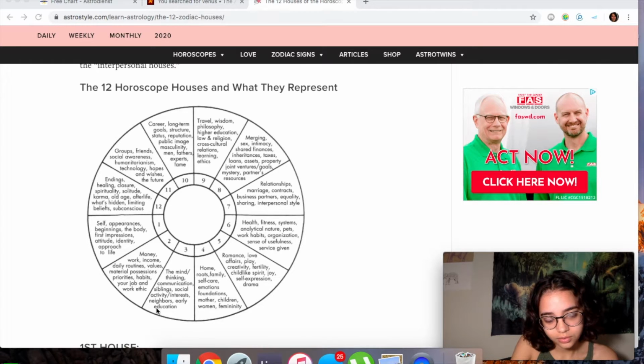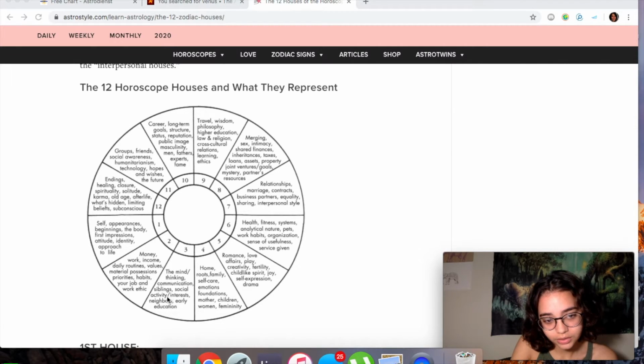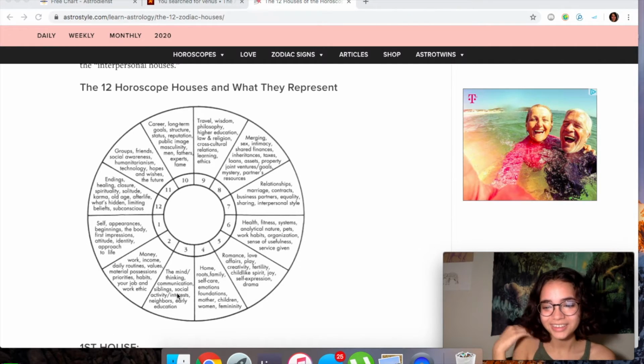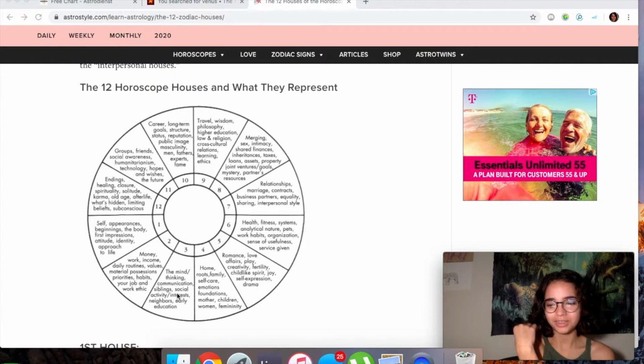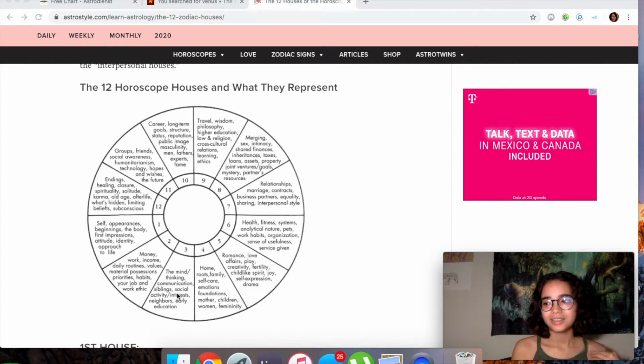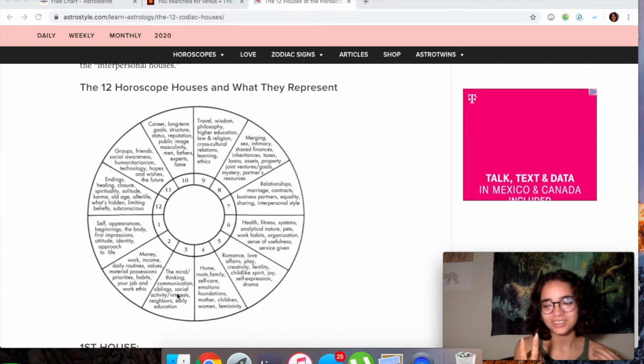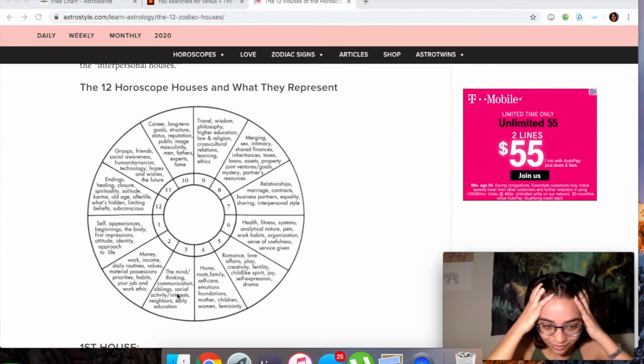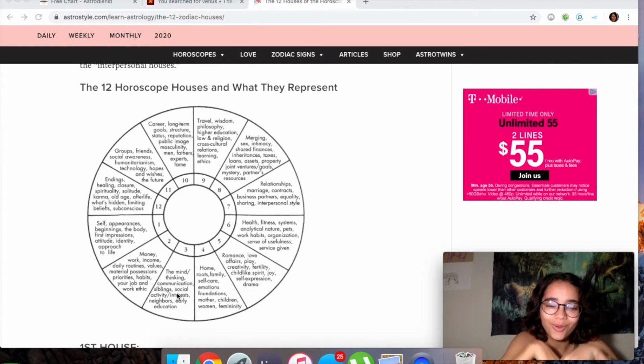And then this house rules your communication, your siblings, because I would think of it as your cousins and stuff like that, part of your family. And Gemini is the twins. I don't know, for some reason it just makes sense in my head. When I put everything together, it's just like, oh, okay, that's what that is.